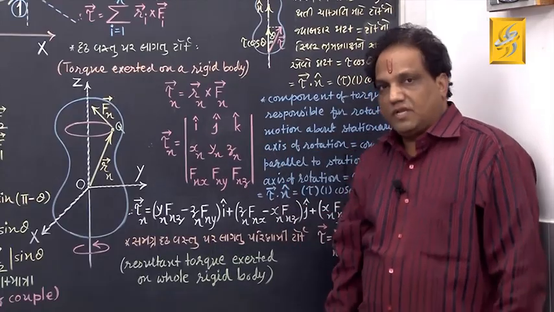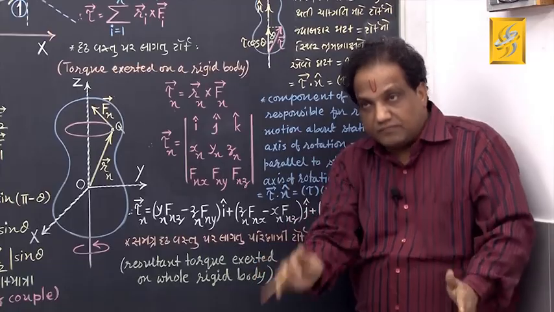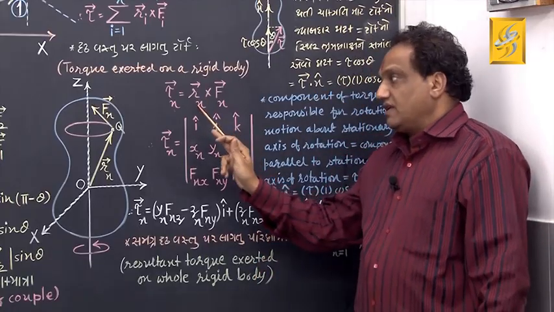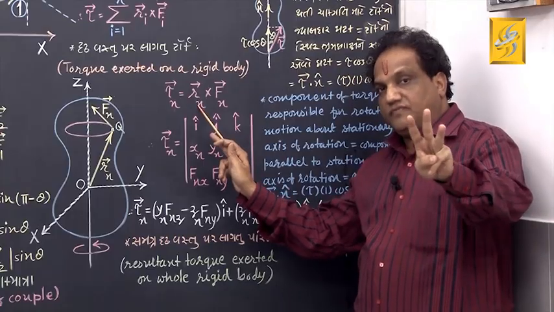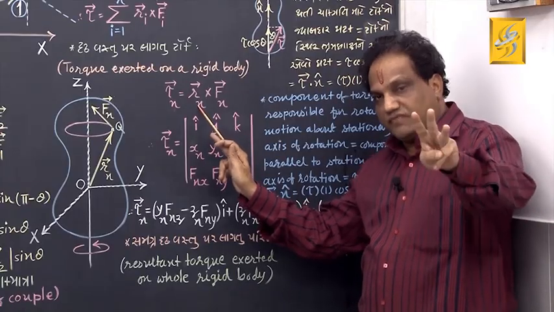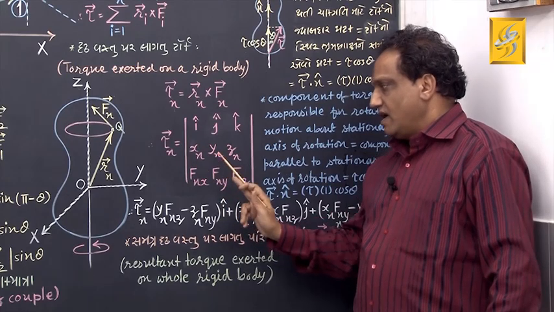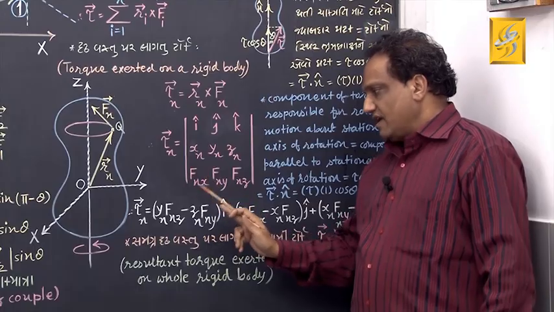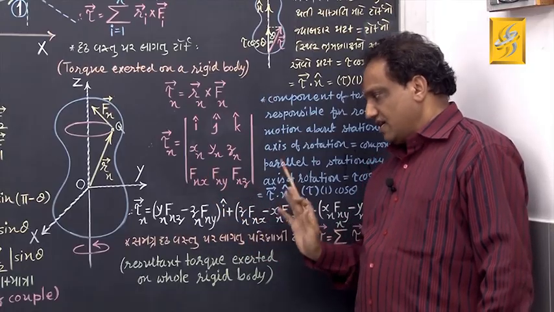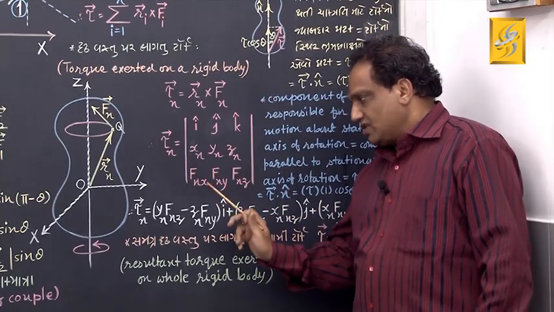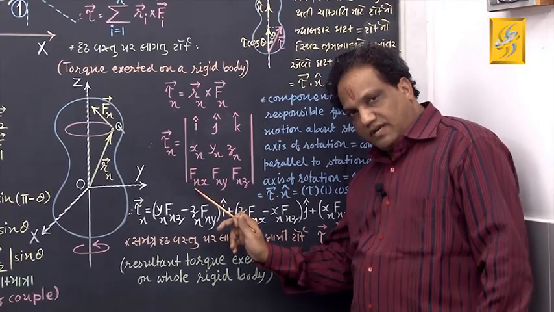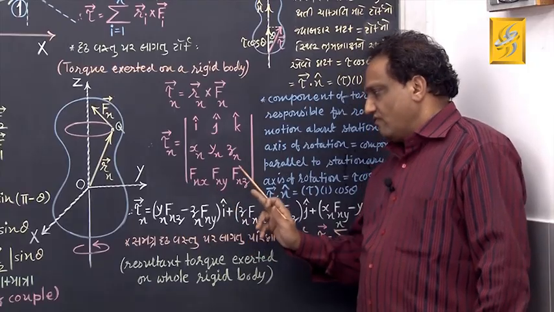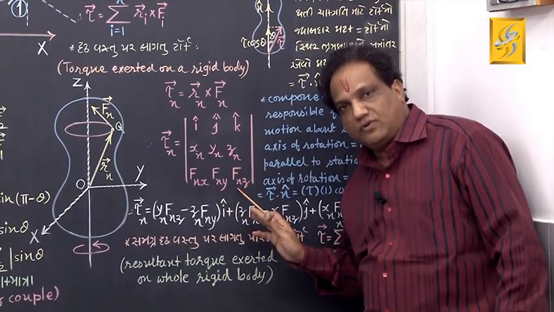Similarly here, a 3 by 3 determinant with i hat, j hat, k hat, then the position vector Rn with its 3 components xn, yn, zn, and the components of force: fnx, fny, fnz. What are these? The x component, y component and z component of the force exerted on the nth particle.